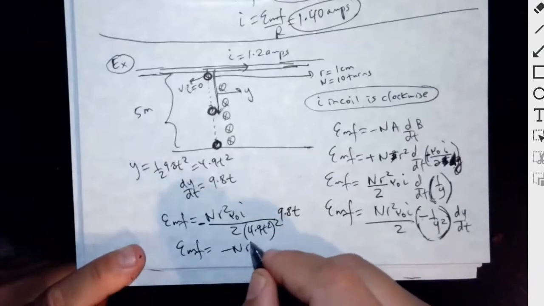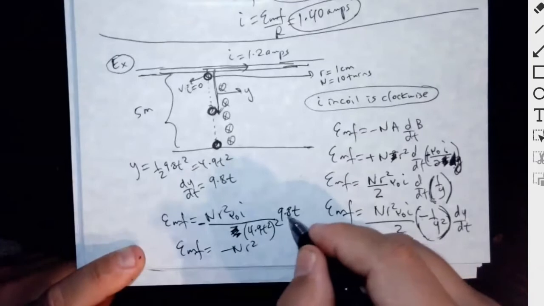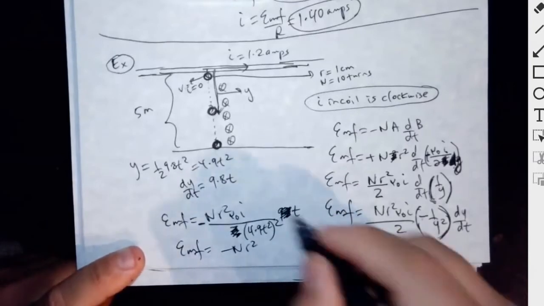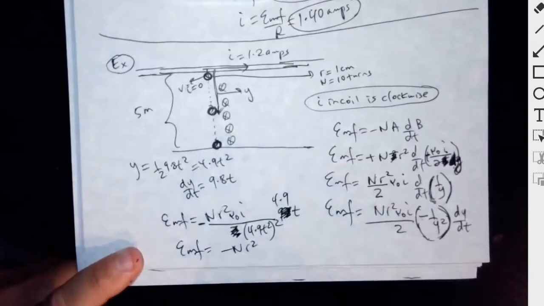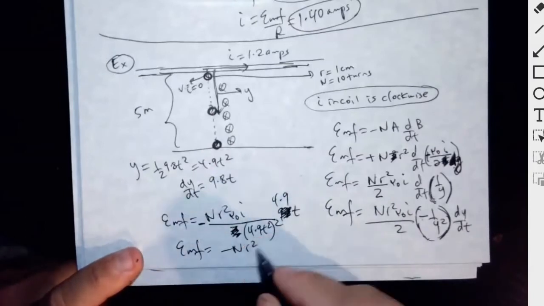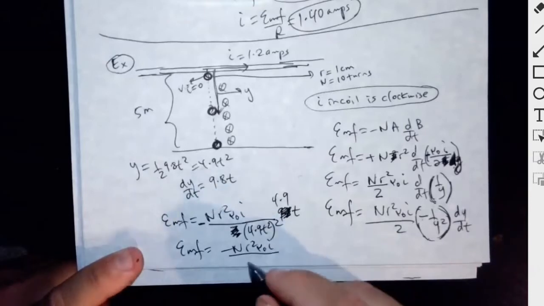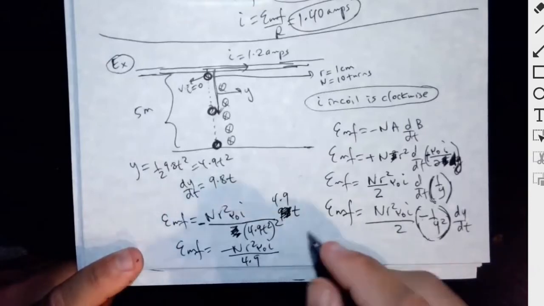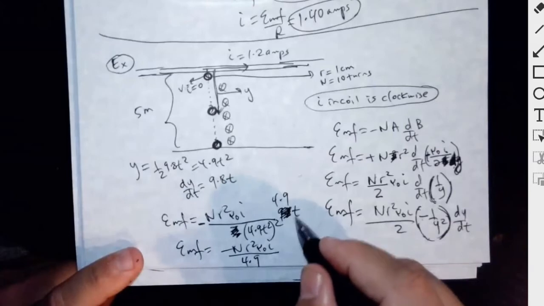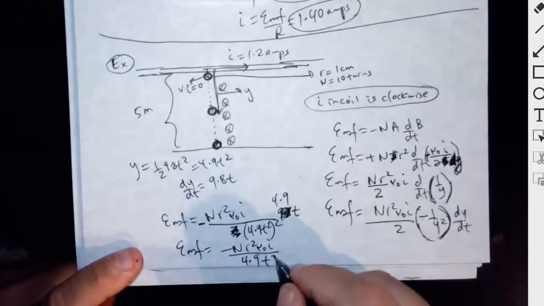Negative N R squared, 2 will go into 9.8, 4.9, and then one of the 4.9s will cancel. So then I'll just have negative N R squared mu 0 I over 4.9. Okay, and then t will cancel with the t to the fourth, and you will get t cubed.